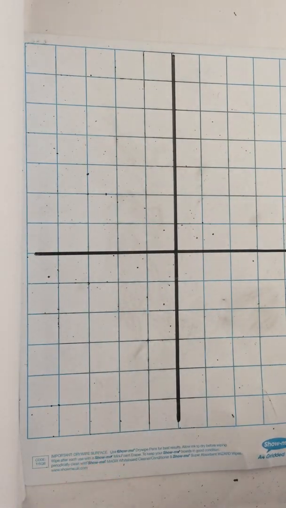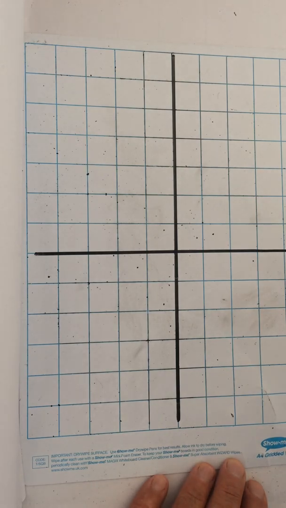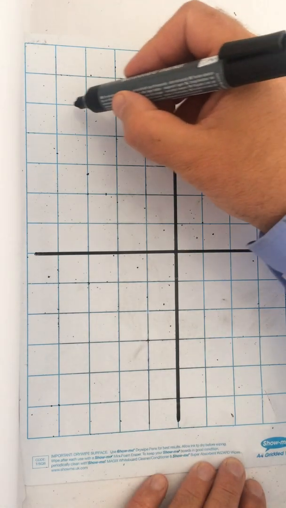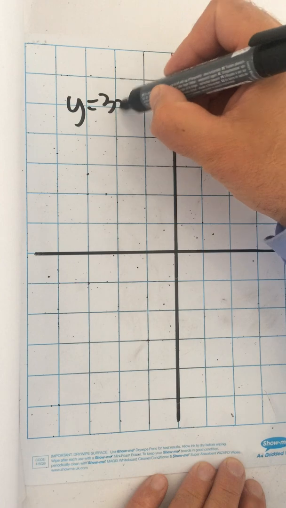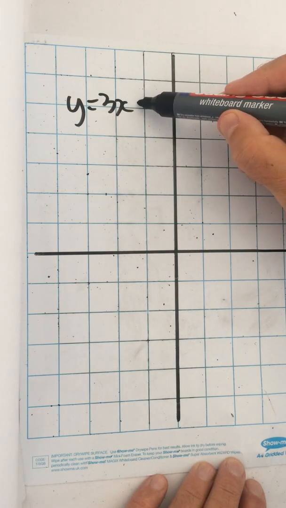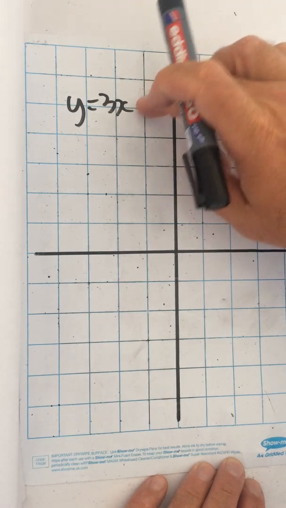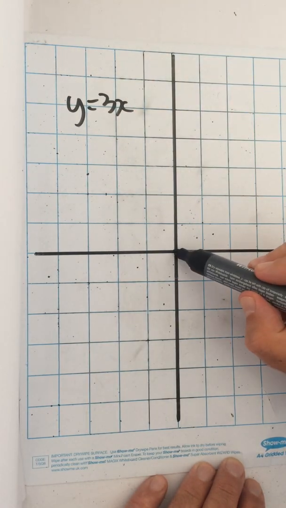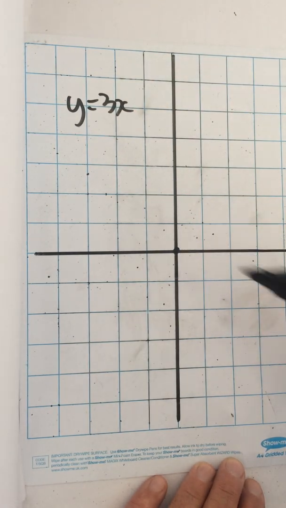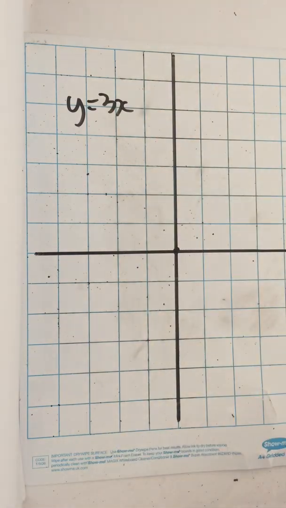So it's asking us first of all to plot y equals 3x. I'll just write that, y equals 3x. There's no c, okay, so that tells me it will be going through the origin. The y-intercept is the origin when there's no number there.